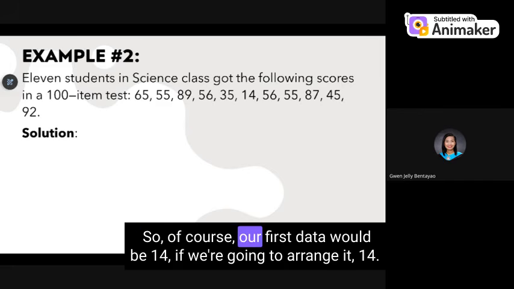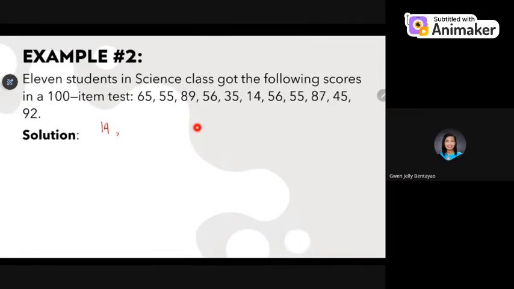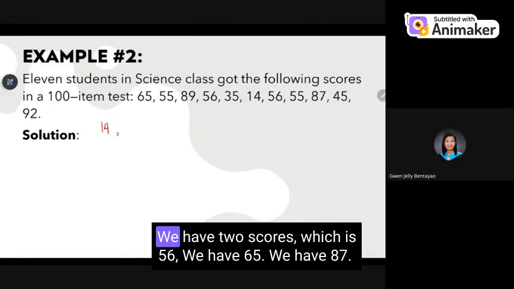So, of course, our first data would be 14. If we're going to arrange it, 14. We have 35. And then we have 45. And then we have 55.